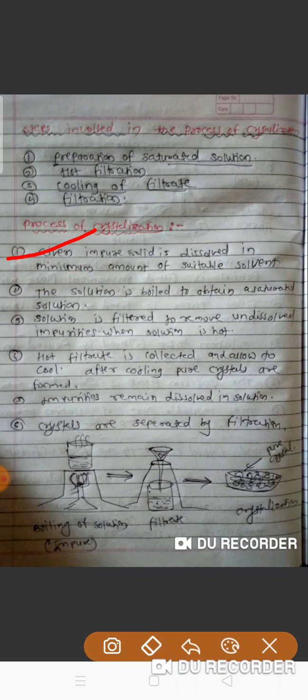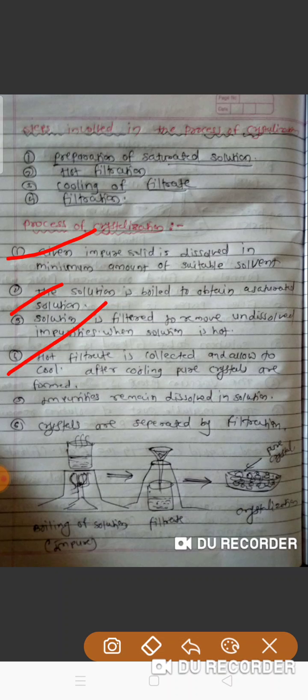When the saturated solution is prepared by heating, it is filtered to remove the undissolved impurities while the solution is hot. The hot filtrate is collected in a beaker and allowed to cool.